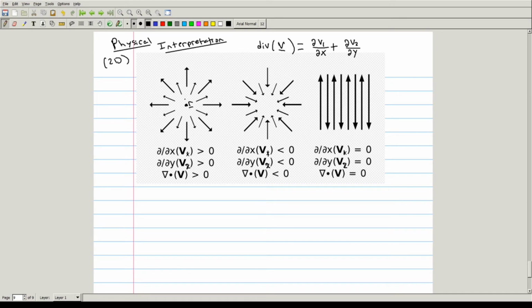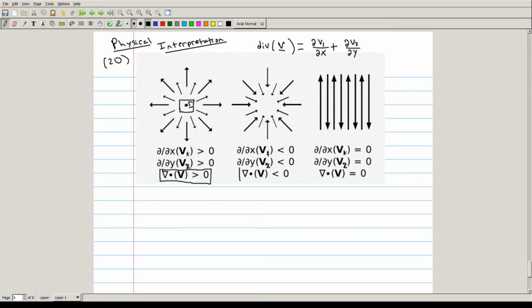If you put a box around R, in this case in 2D, but this also holds in 3D, when the divergence is positive, that means in general there's more vectors flowing out of the point at R from this vector field than flowing in. And so R is, in some sense, kind of like a source.